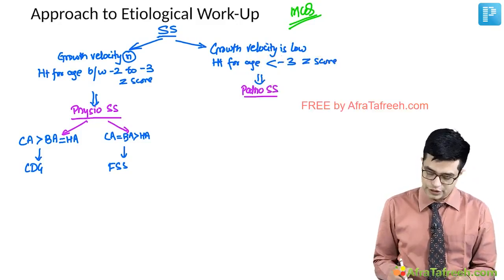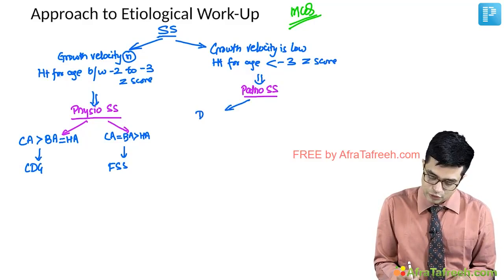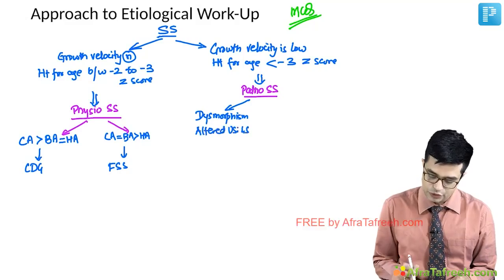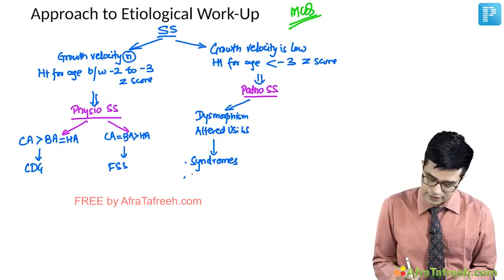In patients with pathological short stature, in case the patient is having any dysmorphism or altered upper segment to lower segment ratio, think of syndromes and related conditions as we have discussed in the list we have already formed.